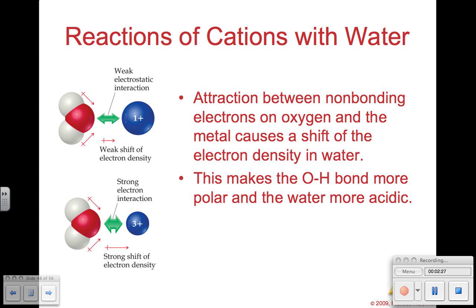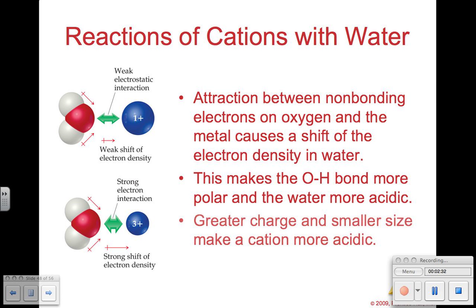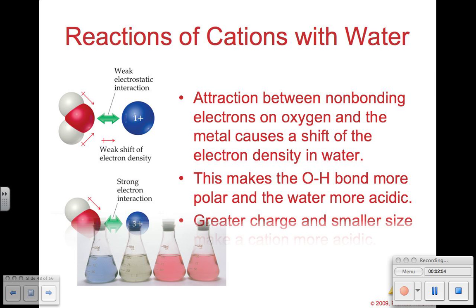This makes the OH bond more polar, and therefore the water becomes more acidic. The greater the charge and smaller the size of a cation, the more acidic it is. So a sodium ion with a 1 plus charge dissolved in solution is going to have less of an impact on acidity than, say, aluminum cations.